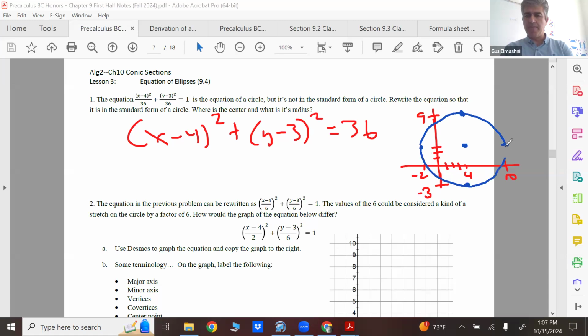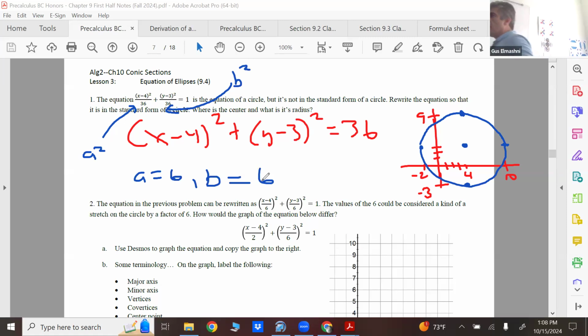I mean, you just get a circle, right? But you're going to use the same kind of technique for ellipses, where instead we're going to call this a squared, and we're going to call this b squared. Well, of course, a was 6 and b was also 6.